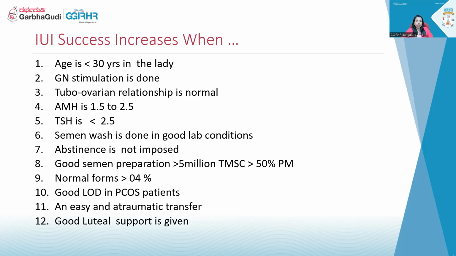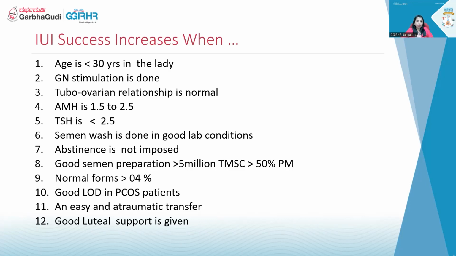The patient should have adequate reserves, that is, the AMH and antral follicular count should be normal. You should identify her comorbidities and control and treat them, be it hypothyroidism, hyperprolactinemia, or diabetic status, before proceeding to IUI. The semen processing should be done by a well-trained technician in an appropriate controlled environment.